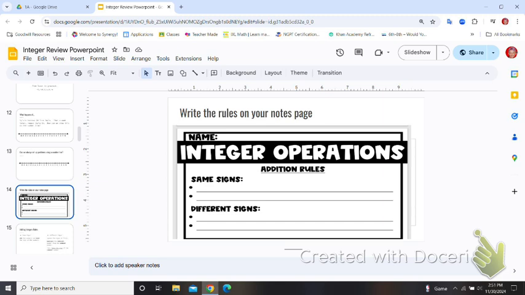So hopefully you filled in something similar to this. So same signs. We're going to add the numbers. And keep the sign. So an example, we'll have some more examples also, but -5 plus -3, same signs, make -8.